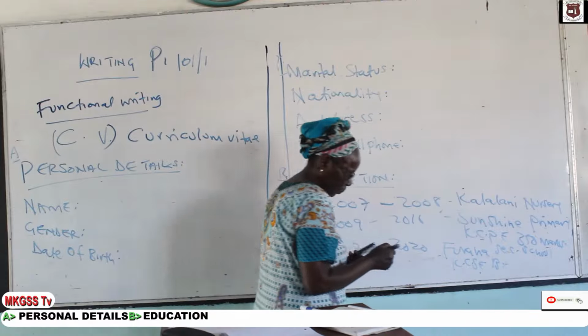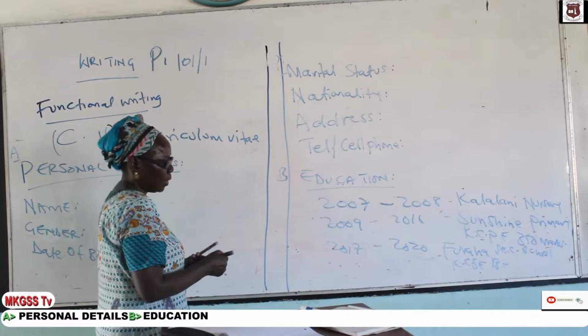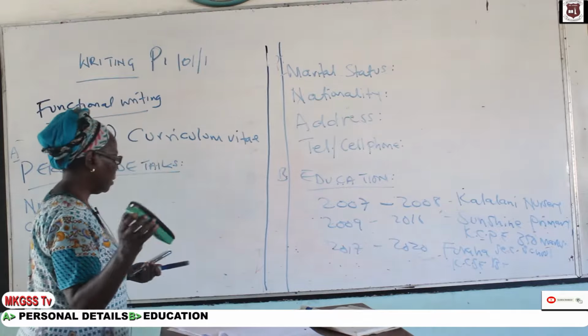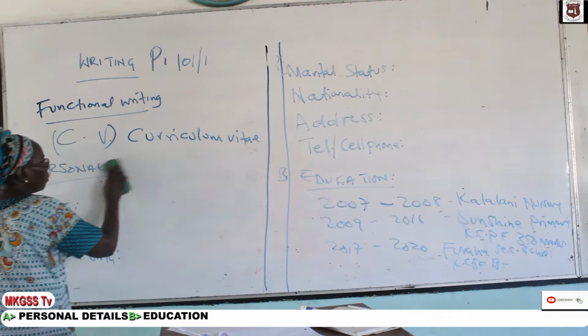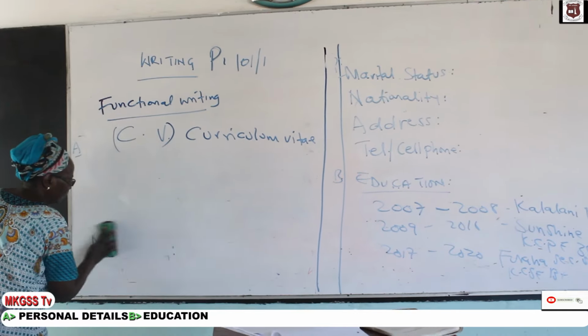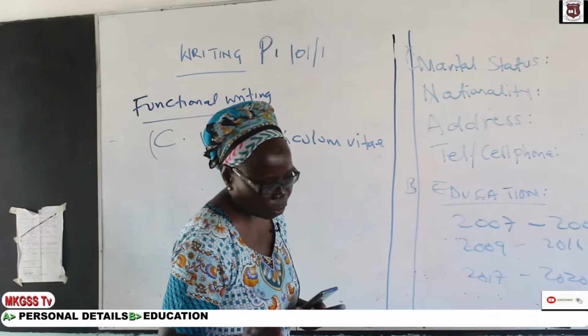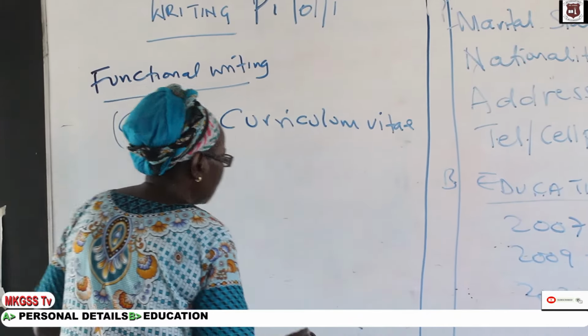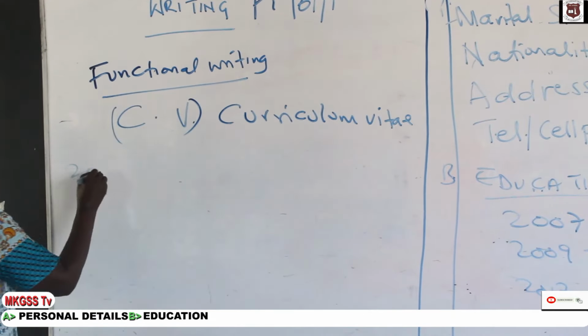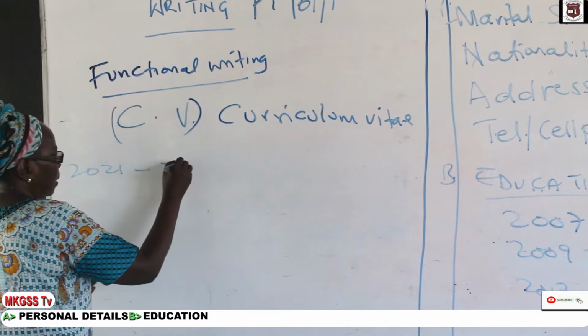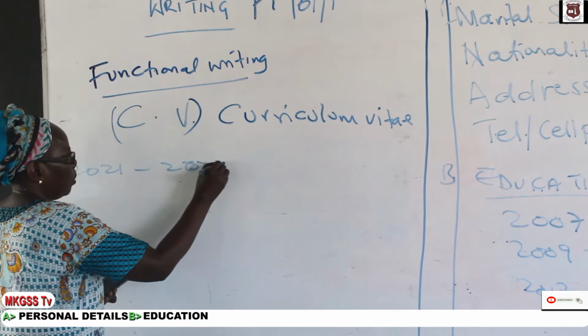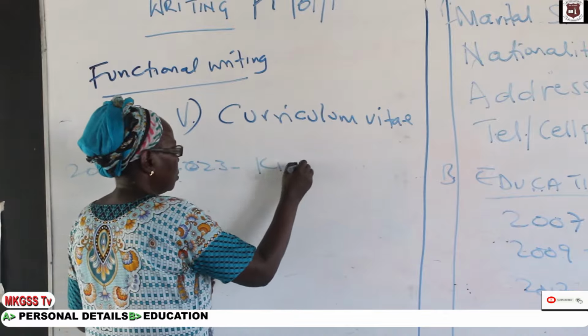We are not yet through with the education. You might have joined a university or tertiary institution. So when did you join that tertiary institution or university? Maybe 2021 to 2023, you went to Kiambu Institute.